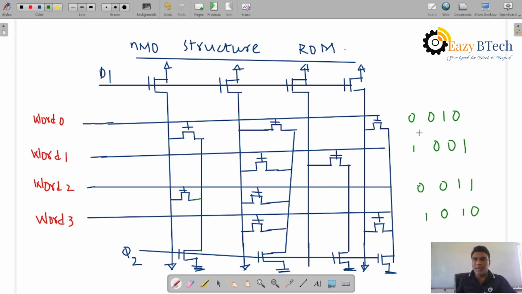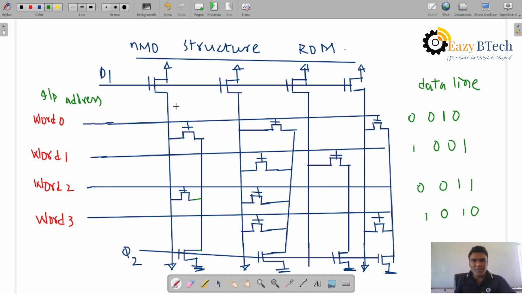This is the data output line. The word line is the input address location, and according to the input address locations, each address location stores a value such as 0010.